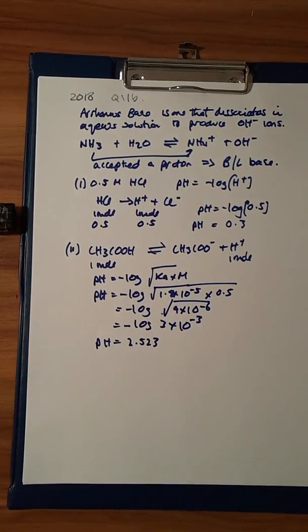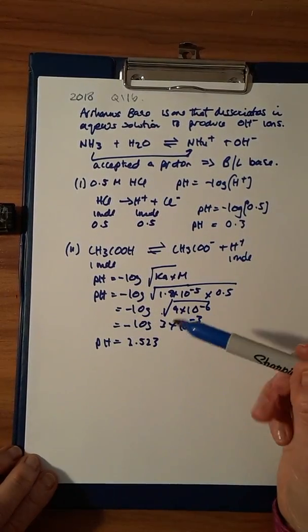2.523. Okay. The next part is you're given a pH curve, and it says you're going to add 100 centimetres cubed of sodium hydroxide to an acid solution. Which of the 2 acid solutions was neutralised?